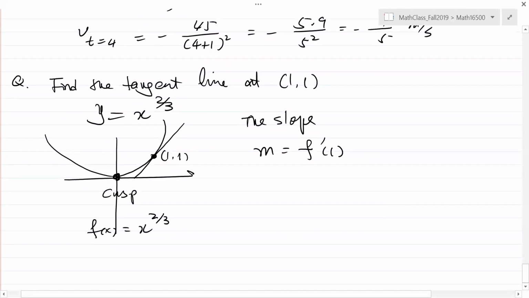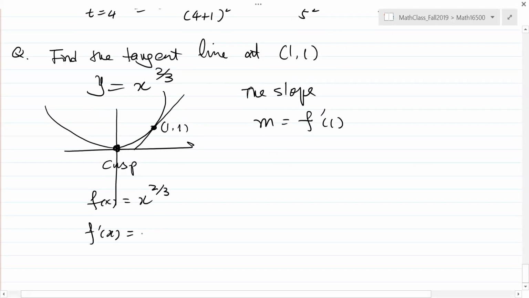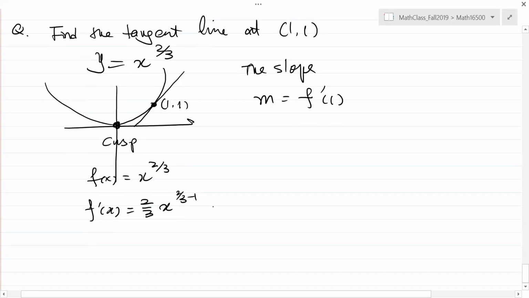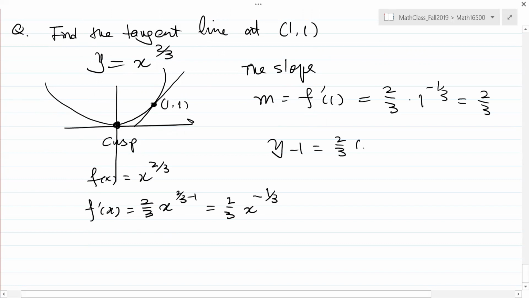I think it's difficult to use the limit definition to find it, so we just use a formula. f prime of x is 2/3 x to the 2/3 minus 1, so it's 2/3 x to the negative 1/3. Using that formula, you get 2/3. So that is the slope. Once you find the slope, you get the equation y minus 1 equals 2/3 times x minus 1. So that's the equation for that.